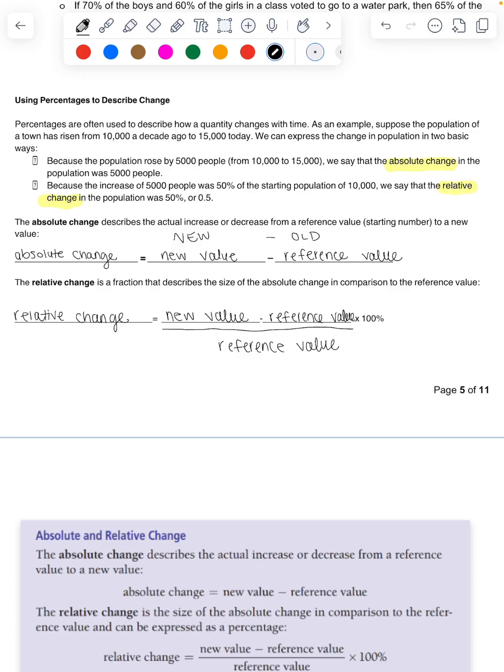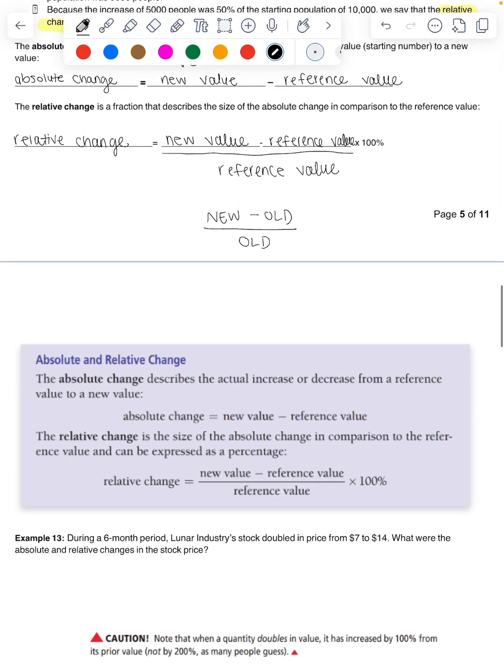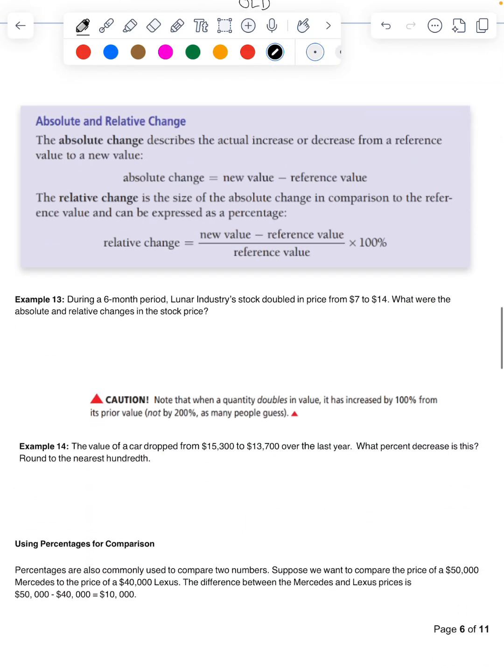Or you can remember it as new minus old divided by old. And here it is again in a nice pretty purple box.